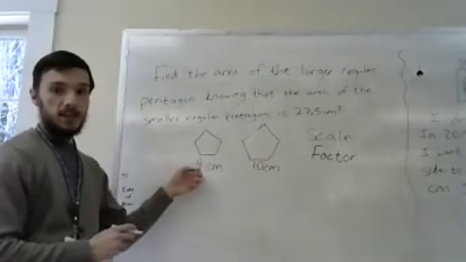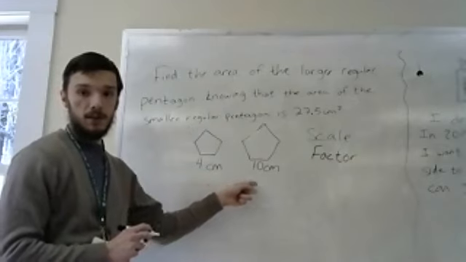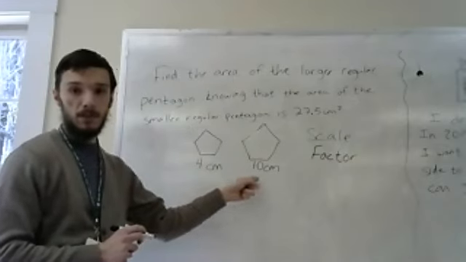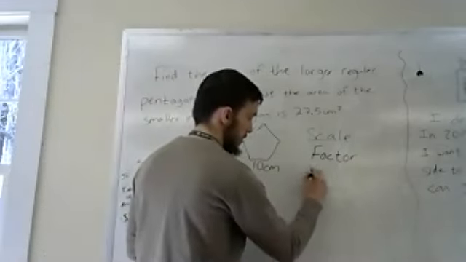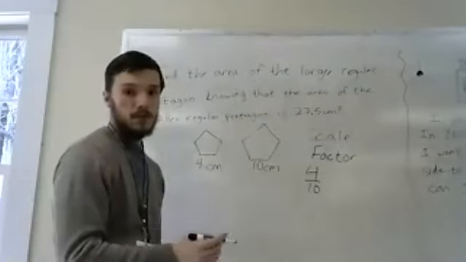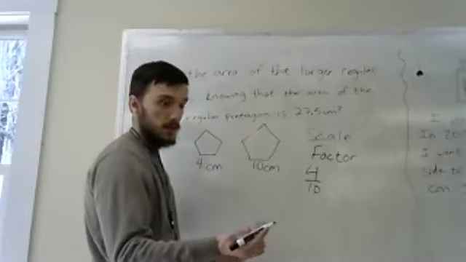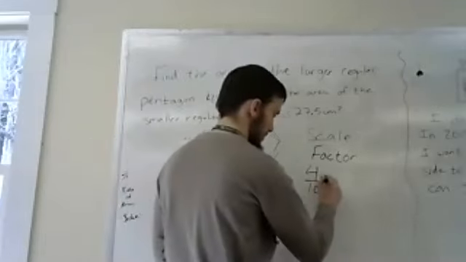Okay, we're going to take the length of one side of the smaller pentagon over the length of the bigger. So we get 4/10, when simplified, is 2/5.